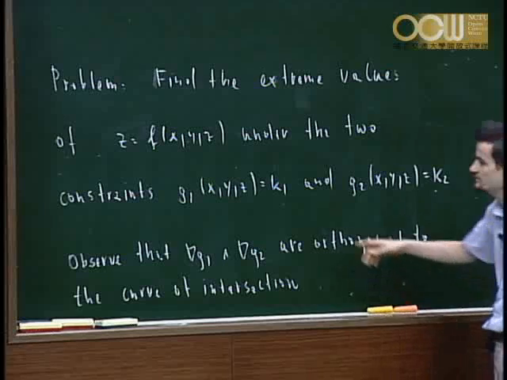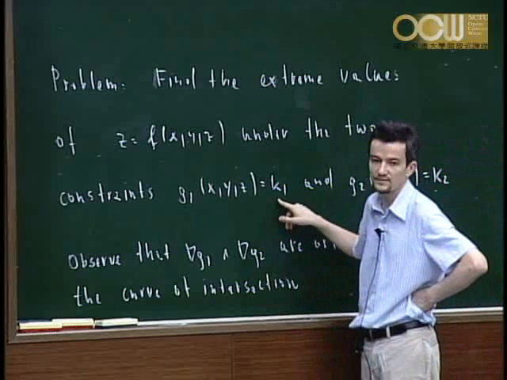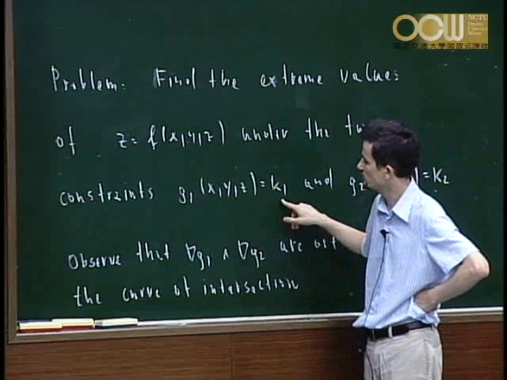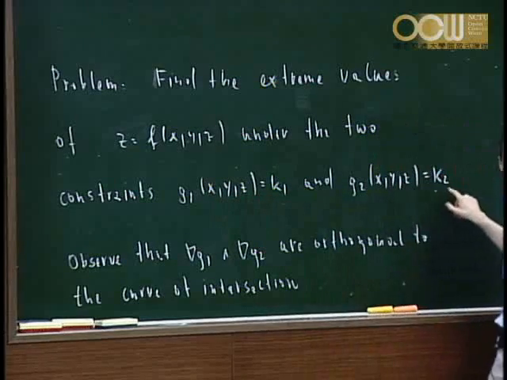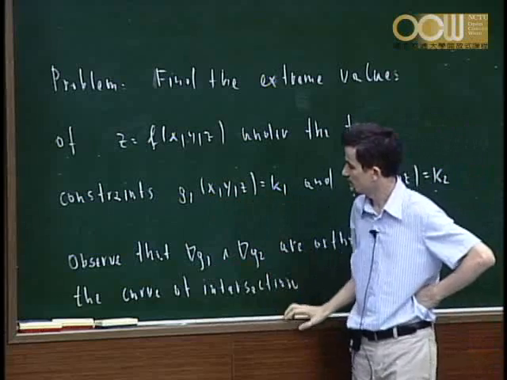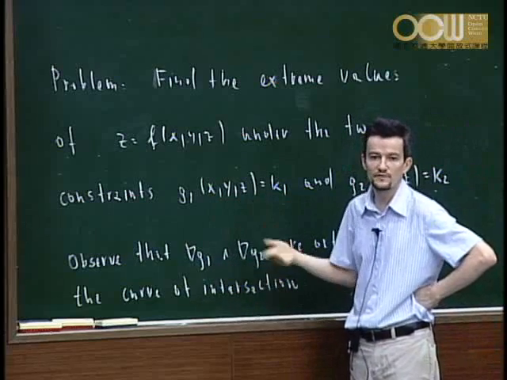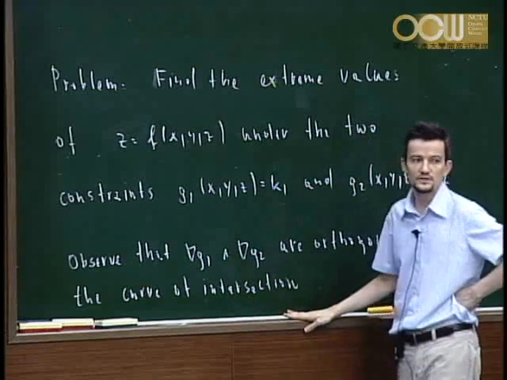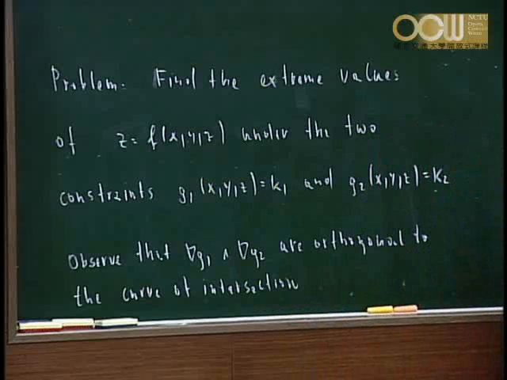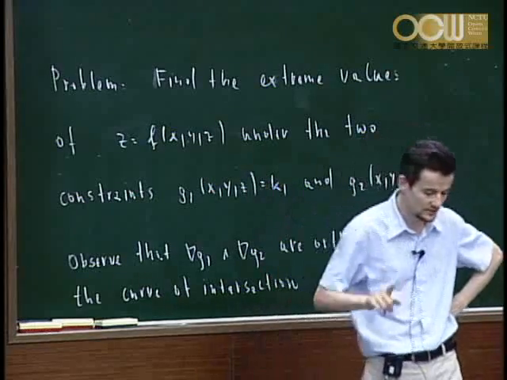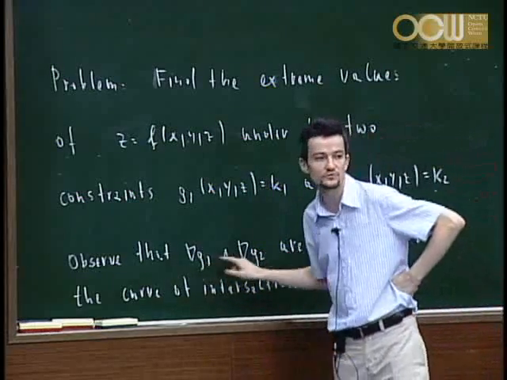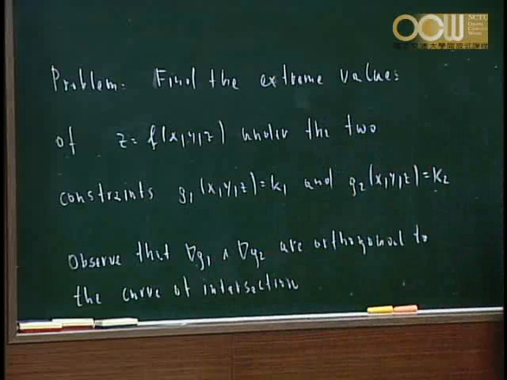This is very easy, because the tangent must be contained in the tangent plane of this surface and in the tangent plane of the other surface. But the gradients are normal vectors to the tangent planes. So a direction which points in the direction of the tangent is the cross product of those two. This is what you had to compute today in the in-class homework.